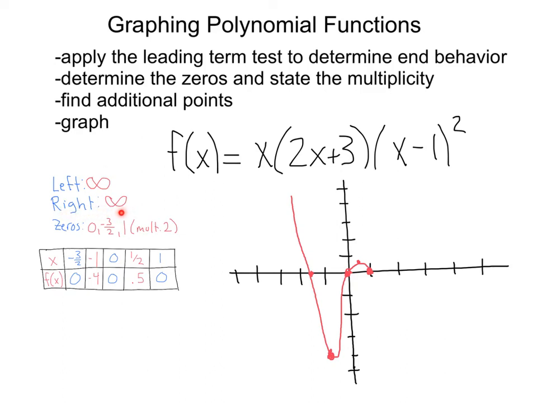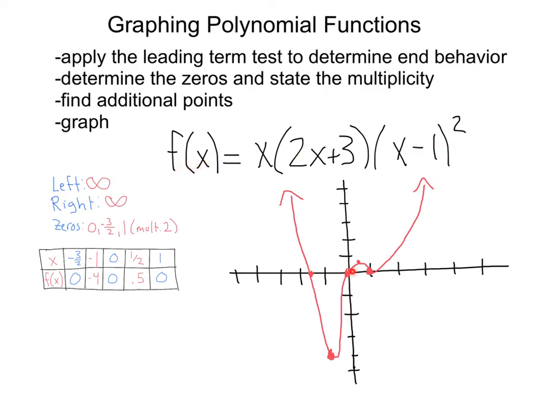My right end behavior is to positive infinity. So instead of continuing down this way, since my end behavior on the right is positive infinity, all I do is turn right back up towards positive infinity.